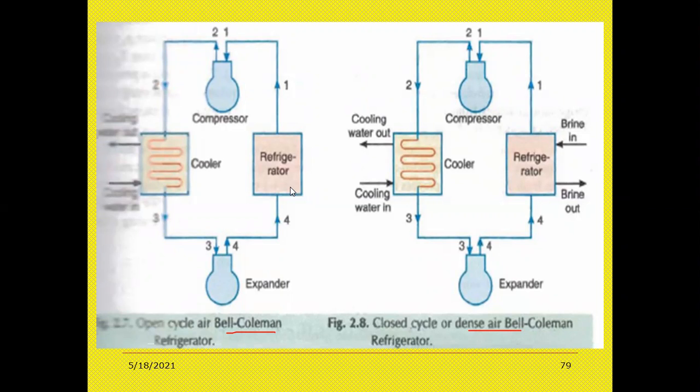So see this figure and see the differences between the two figures. What are the changes you can observe in the figure? Open air Bell-Coleman cycle and closed cycle Bell-Coleman cycle. So here you have four processes, right? From refrigerator to compressor, from compressor to the cooler, from cooler to the expander, from expander to the refrigerator, right?